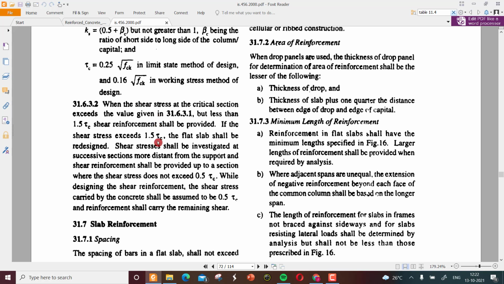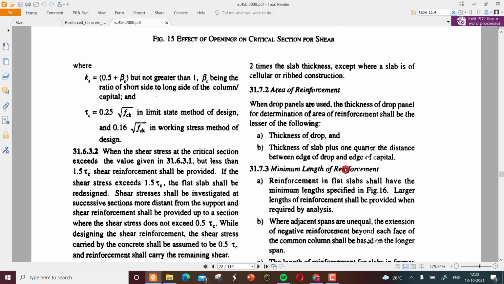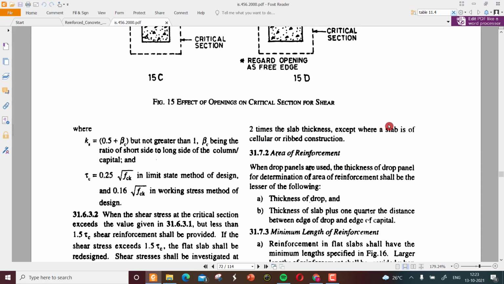When the shear stress at the critical section exceeds the value of 1.5 tau c, shear reinforcement shall be provided. All these things are known to you regarding the provision of shear reinforcement. Then the slab reinforcement, spacing of bars in flat slab, all are given here.